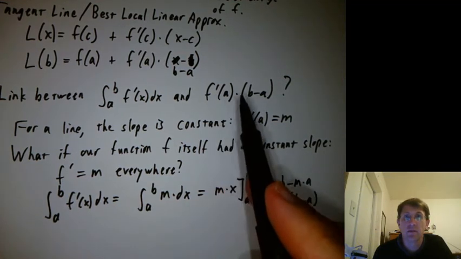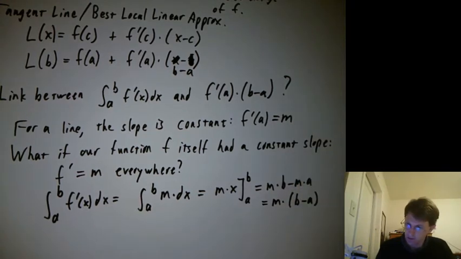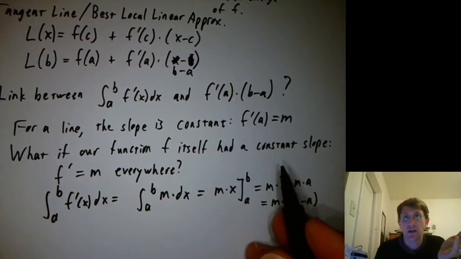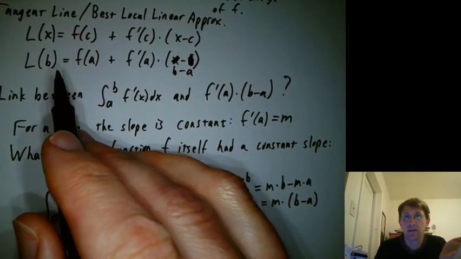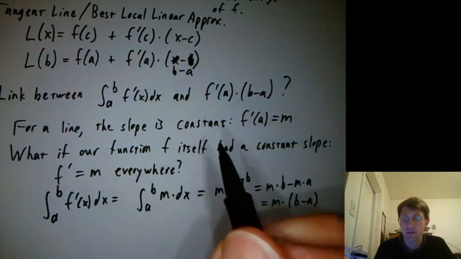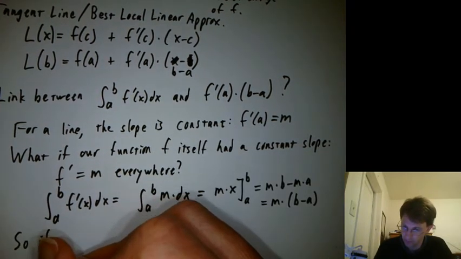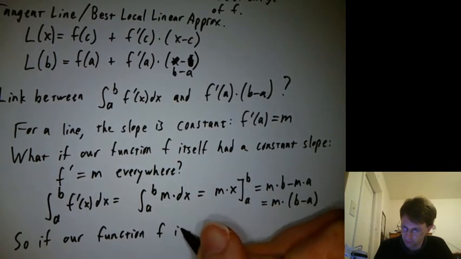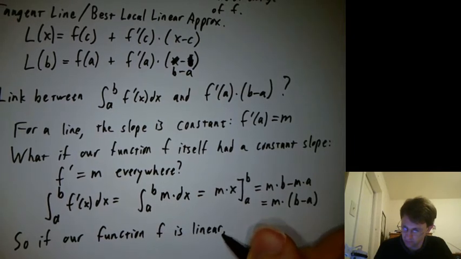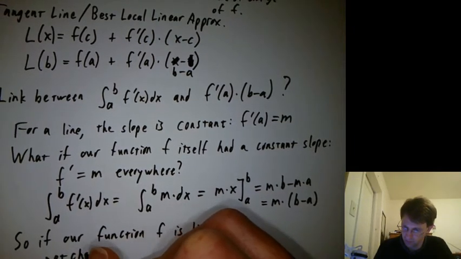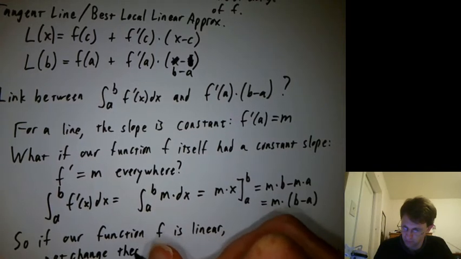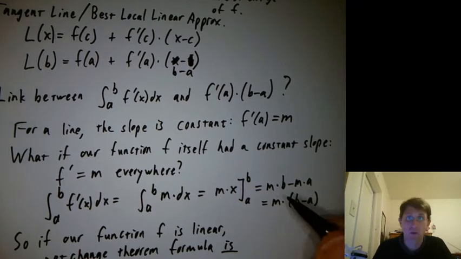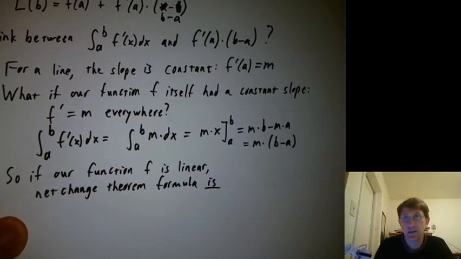Right here, slope times (b minus a). So if our function had a constant slope, if our function was linear, then we would get exactly this tangent line out of the net change theorem. So then the net change theorem formula is the tangent line formula.